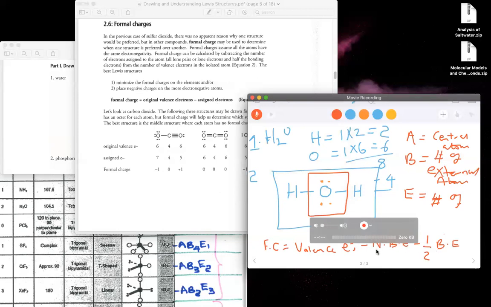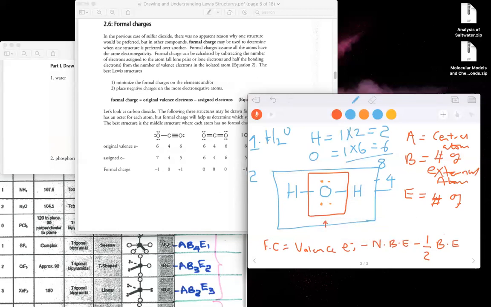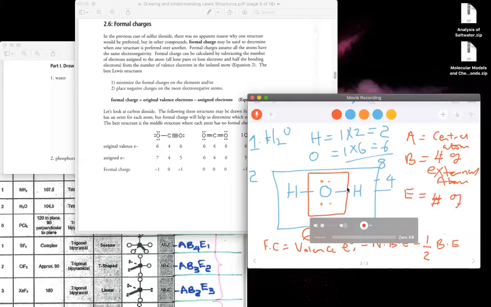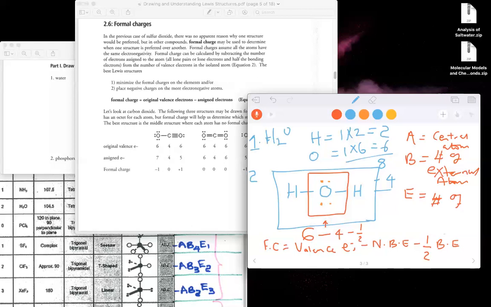So if I do it for oxygen, I'll write down here 6. 6 is the valence electrons for oxygen, minus 4, which is the non-bonding electrons, NP here stands for non-bonding electrons, minus a half of the bonding electrons.